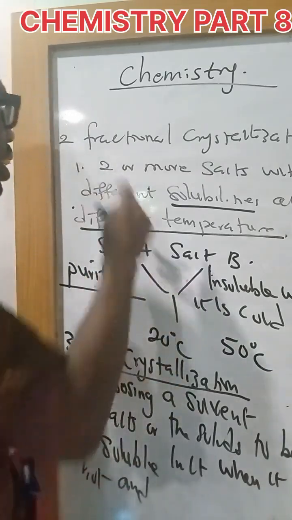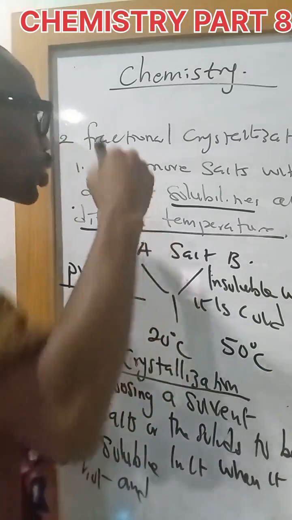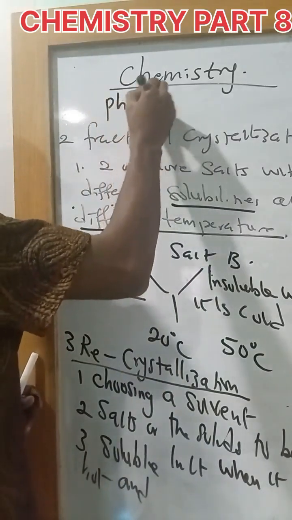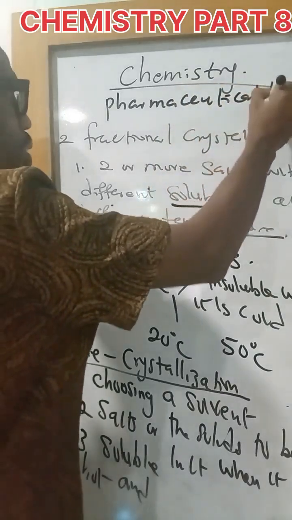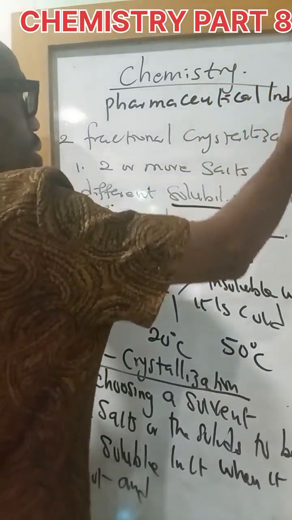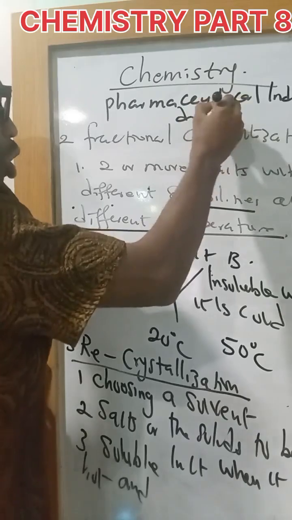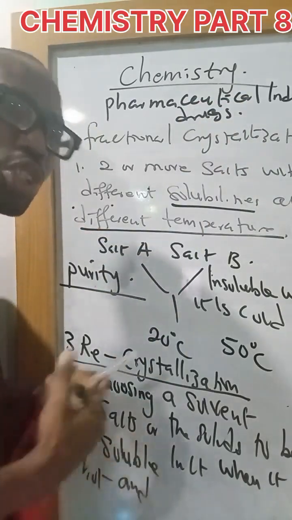And that is why this kind of separation technique is predominantly used in the pharmaceutical industry for the manufacturing of drugs. Of course, anything that has to do with medicine has to be in a purer form because it's going for healing.